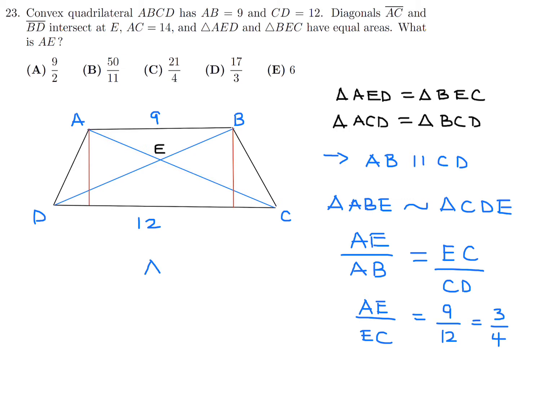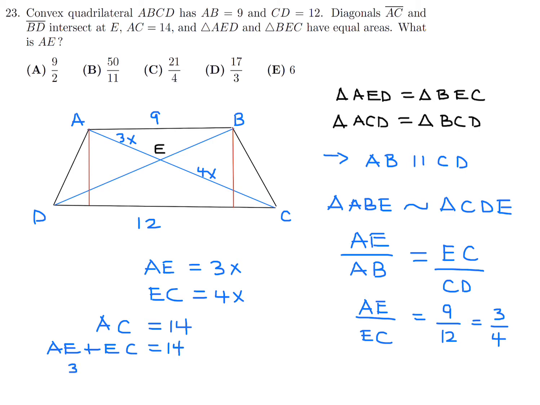So what I can do is I can label AE, say 3x, and I can call EC 4x, since they have a ratio of 3 to 4. So I'll call this 3x, and I call this 4x. But they tell me in the question that the full length AC is 14. Now AC is equal to AE plus EC.